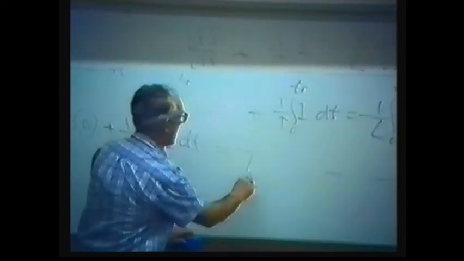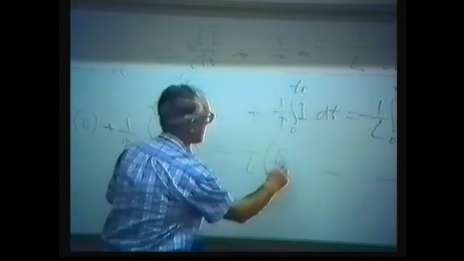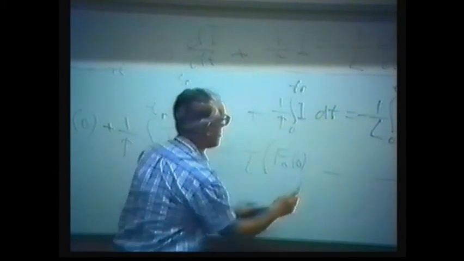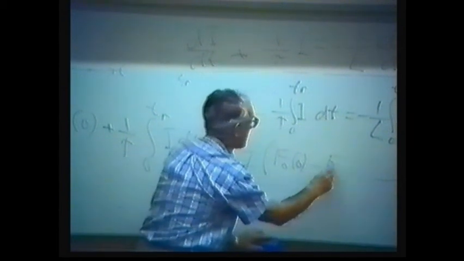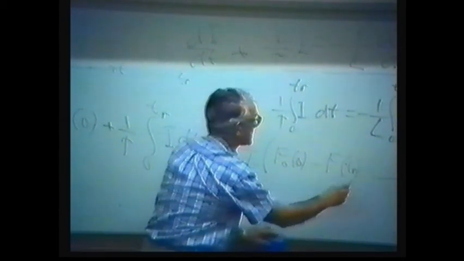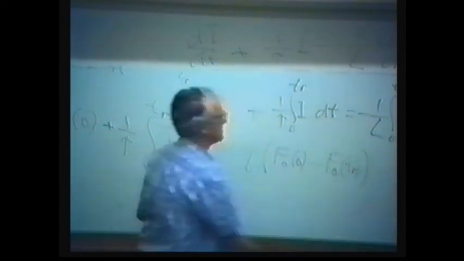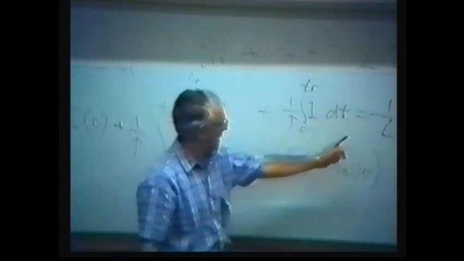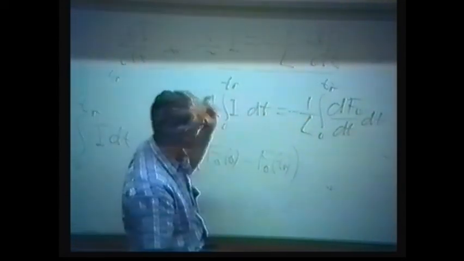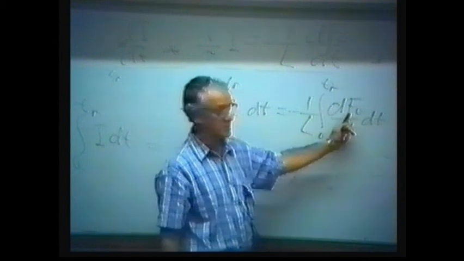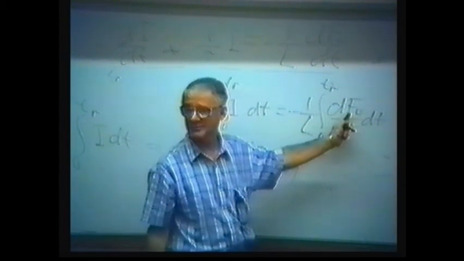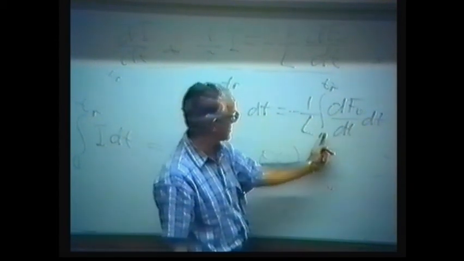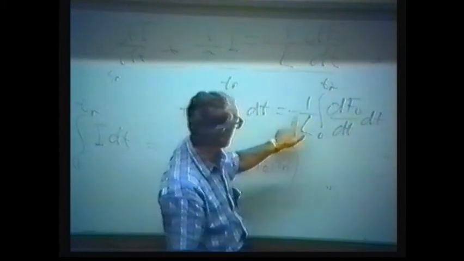One over L, flux primary at 0 minus flux at ramp time, primary flux, correct? Watch again, minus one over L, integral and differential kill each other, and here flux at 0 minus flux, because I took into account the minus.